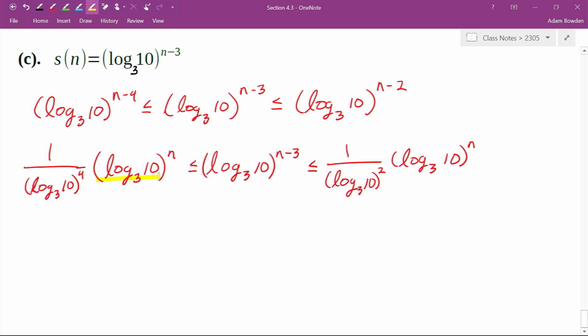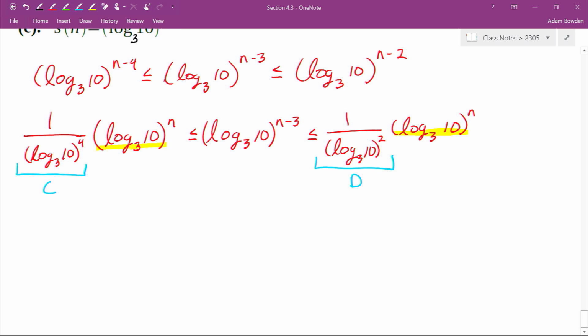The function of doing it this way is to show that we have this function here, log base 3 of 10 raised to the n power, and then what's out in front in either case is a constant. The 1 over log base 3 of 10 to the fourth and the 1 over log base 3 of 10 to the second are both constants.